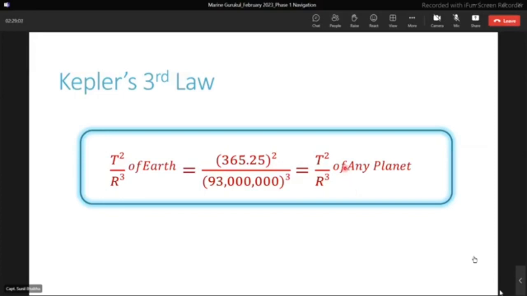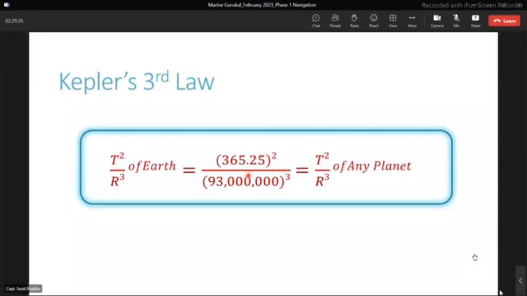If the orbital time period of a planet is given, we can put that in this relationship and obtain its orbital radius. The opposite is also true. If they provide us with the orbital radius of a particular planet, we should be able to calculate the orbital time period of that planet.